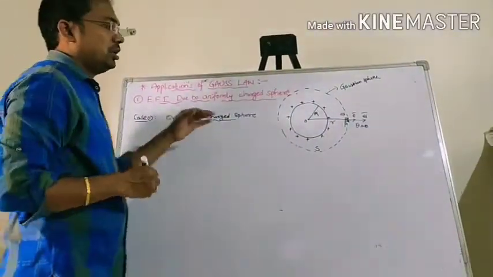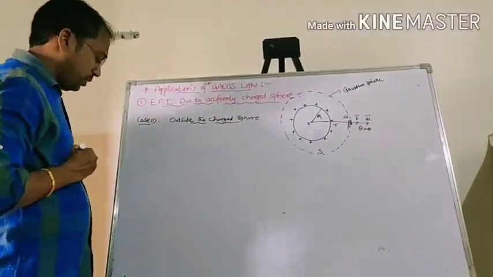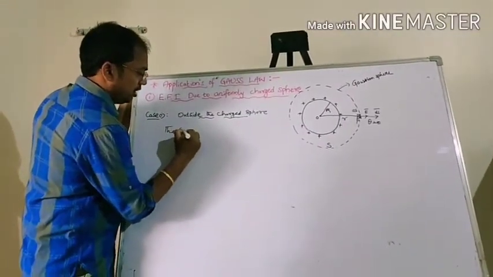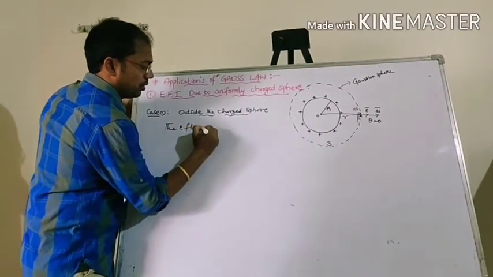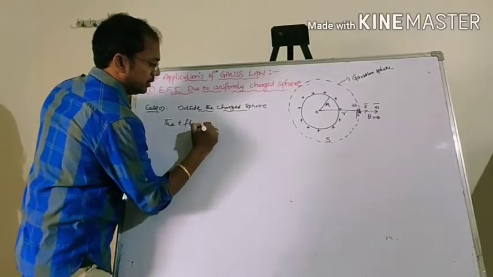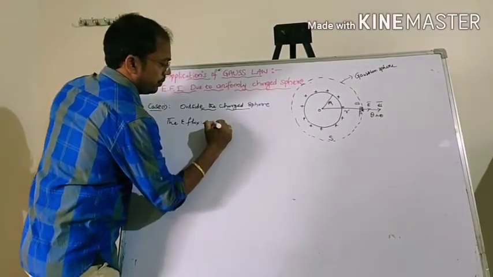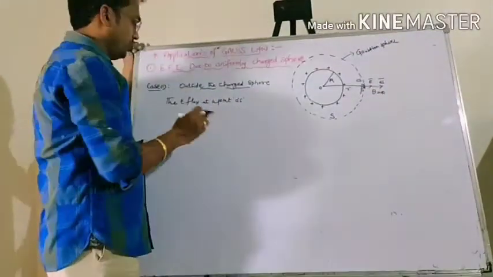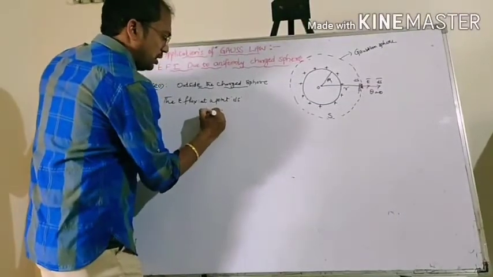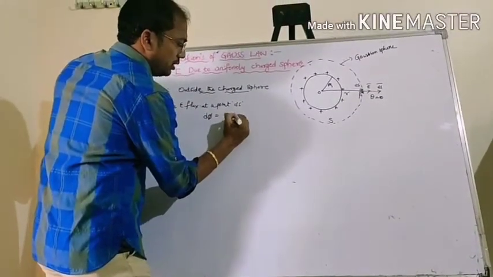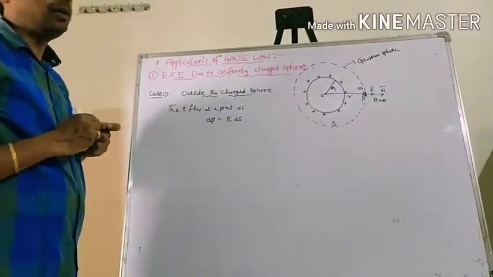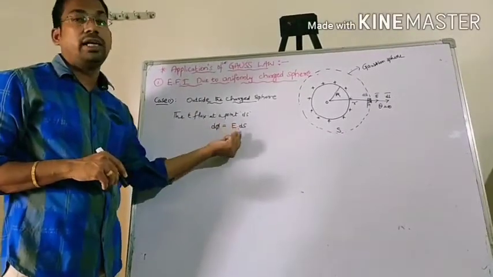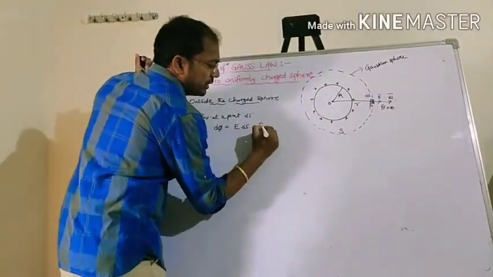Now the equation part. First we have to know the electric flux at the small area ds. We know that the electric flux dφ is equal to E dot ds, or we can simply write E ds cos theta.